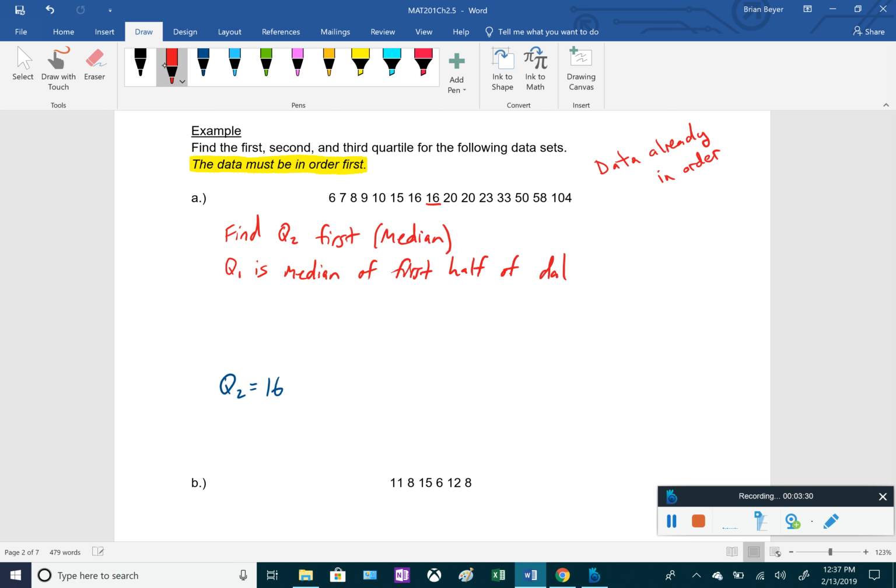The actual median, Q2, chops the data up into 2 equal parts. So that's going to be this first part right here. So Q1 is going to be the median for that first part. We find the median within those parentheses. That's going to be 9. So Q1 is 9.